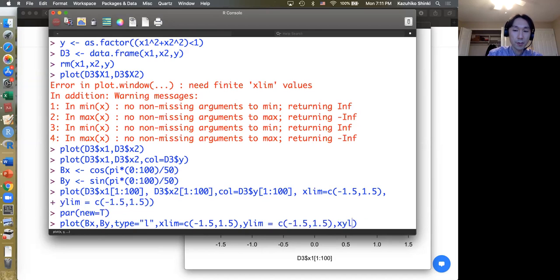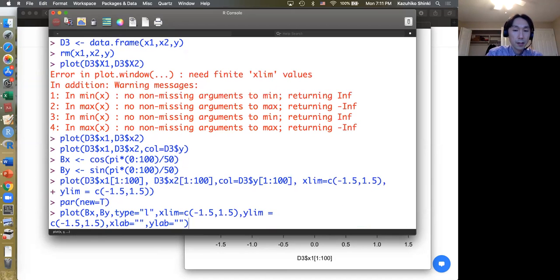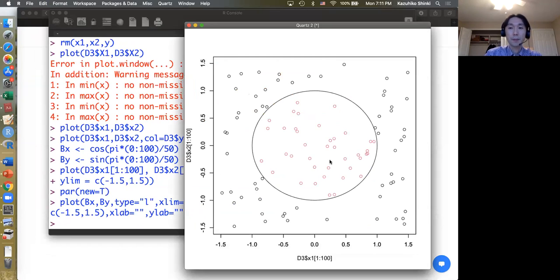Just for beautification purposes, we don't overwrite the names of X label, Y label. Okay, then we have this. So now it's clear, but probably they cannot be estimated exactly because we only have 100 data points. If we have more data points, then probably we can estimate this circle more accurately.